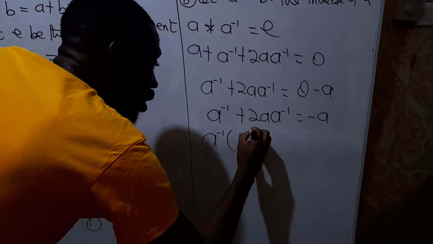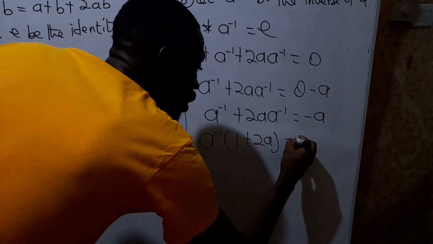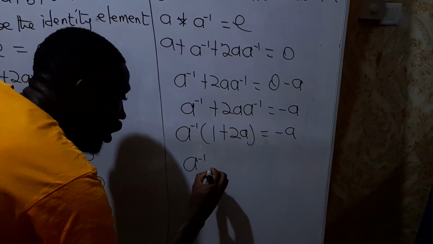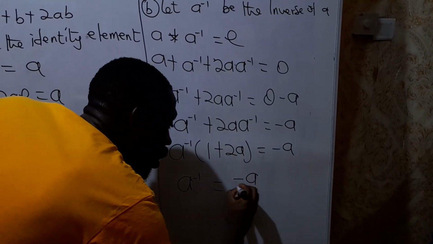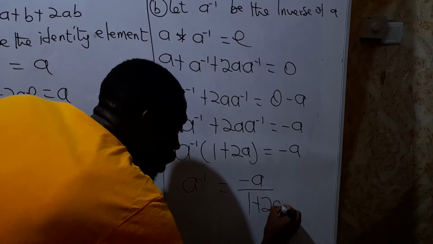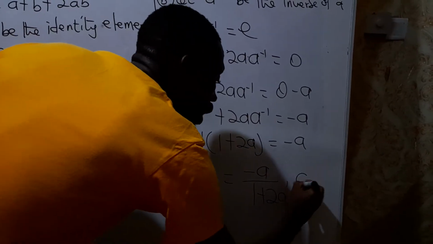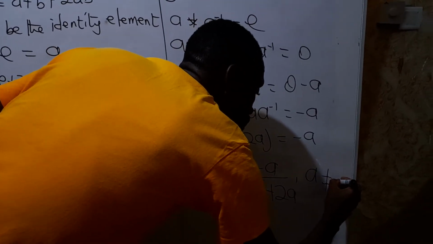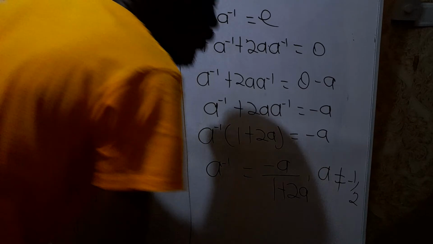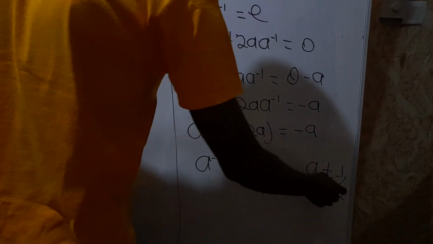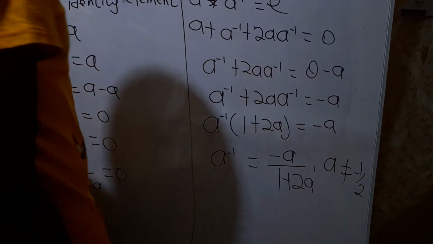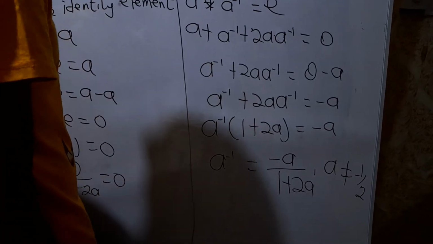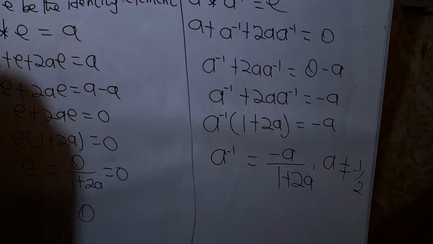We'll have 1 plus 2A is equal to negative A. So the inverse of A will just be negative A over 1 plus 2A, where A is never and ever going to be negative half. This implies that when A is equal to negative half, it will make this undefined. So the inverse of A is negative A over 1 plus 2A.